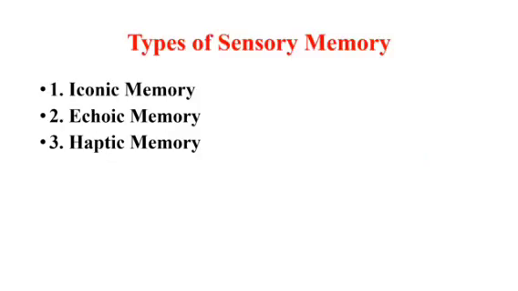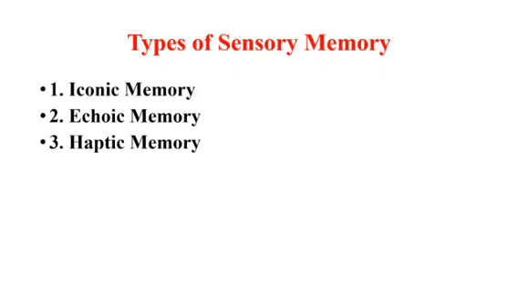Types of sensory memories. There are three types of sensory memories. The first one is iconic memory, the second one is echoic memory, and the third one is haptic memory. We have sense channels like visual stimuli, hearing stimuli, and haptic stimuli, and for each the respective sensory memory exists. That is the main point to understand.